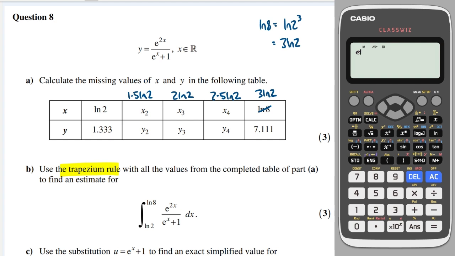So we'll do e to the power of 2 times 1.5 ln 2, which is 3 ln 2, and that's all over e to the 1.5 ln 2, and then plus 1. Okay, so we get 2.0896.